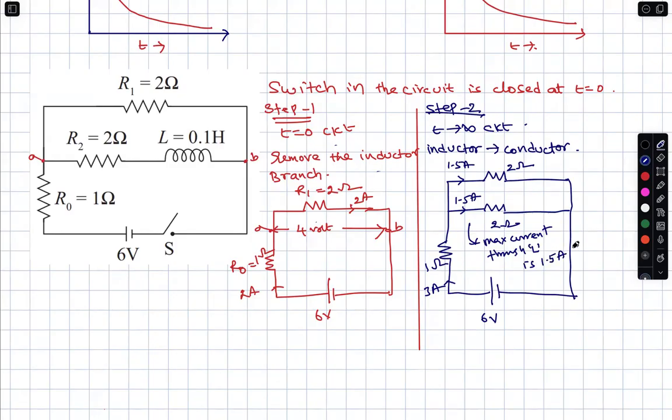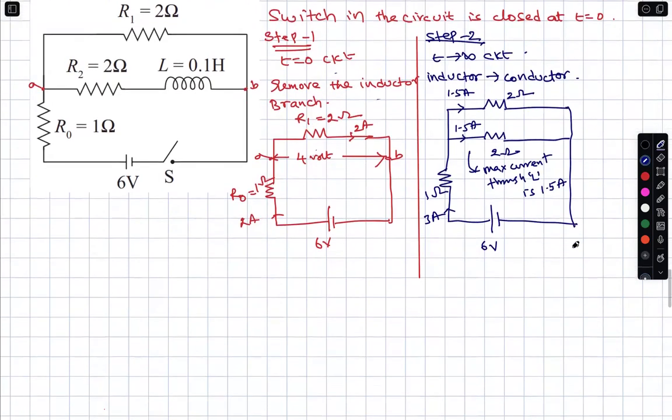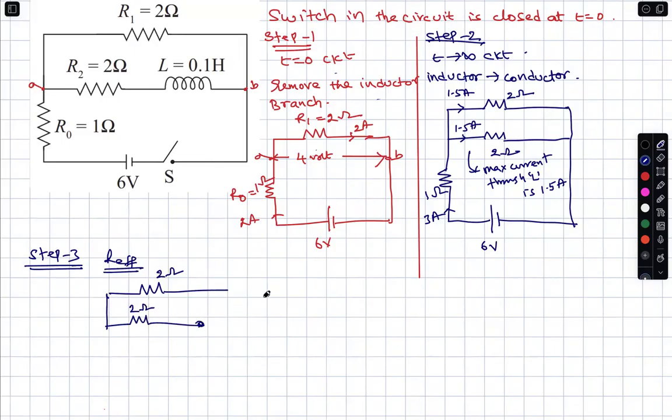Step 1, step 2. Last step I am doing now, step 3: R effective determination. For R effective determination, this is a 2 ohm. This is a 2 ohm.